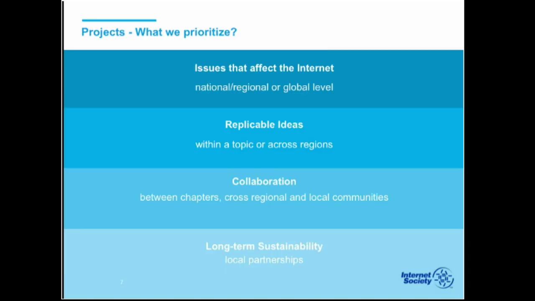We have had experiences where a project started with some funding from Internet Society, and it became much bigger. And it only became much bigger because it got the support from the local entities. So always work closely with the local entities, spread the word about the project, and you might get extra funding.